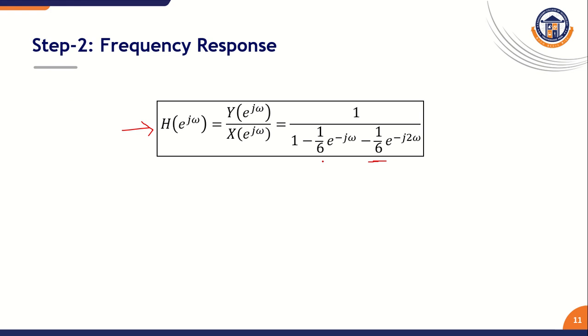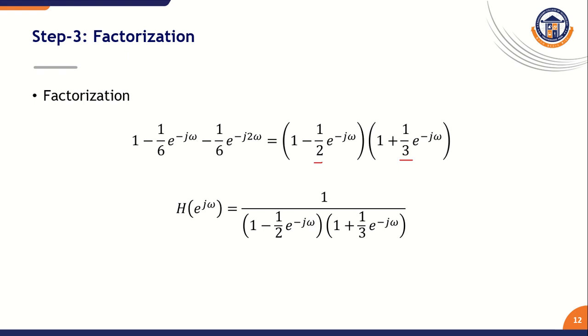This is the factorization logic, which we already know. Applying that factorization logic to this term, we can write the equation like this: capital H of e power j omega equal to 1 divided by 1 minus 1 by 2 e power minus j omega into 1 plus 1 by 3 e power minus j omega.